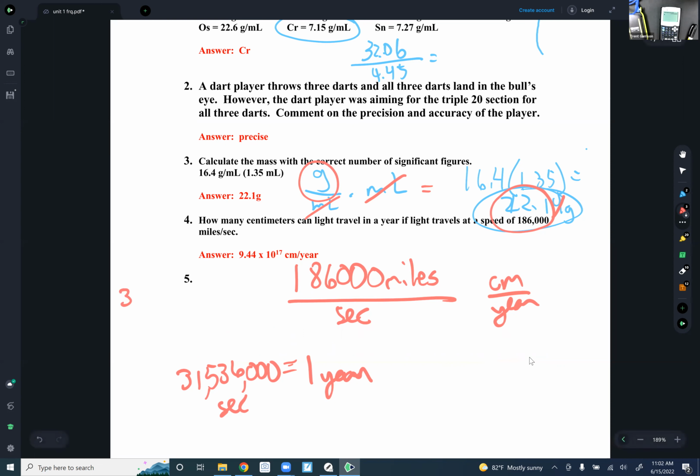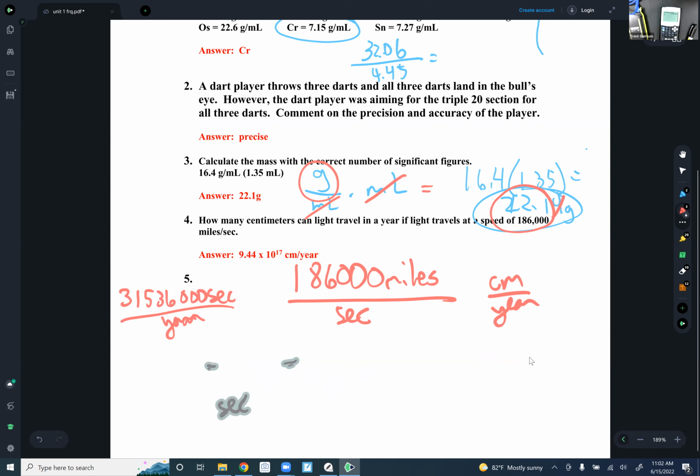I'm going to rewrite this up into the air so that it's a little bit out of our way. Seconds per year. So now I have more room to work with. All right, miles to centimeters. I know that for every 1 centimeter, I know that if I have 1 mile, I have 5,280 feet.